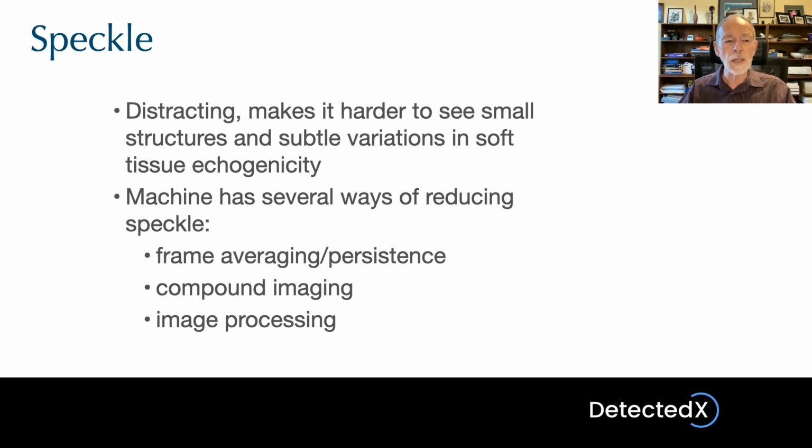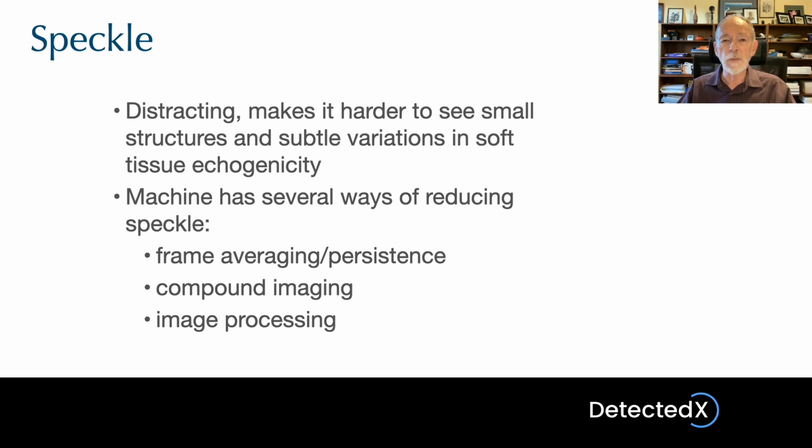The machine has, therefore, several technologies built into it that allow it to reduce speckle. One of these is frame averaging, otherwise known as persistence. The idea is that each time the machine acquires a new image, it averages that with the previous image.